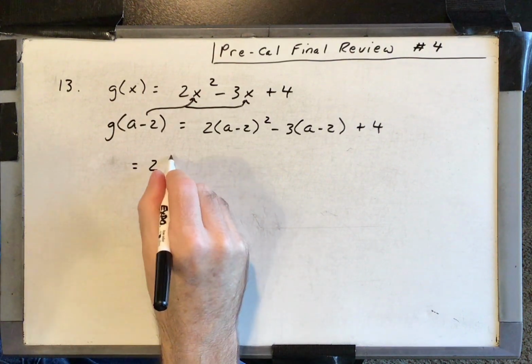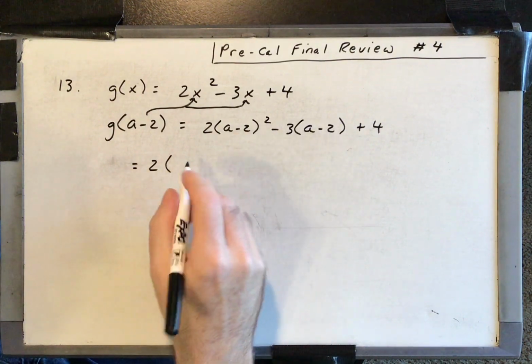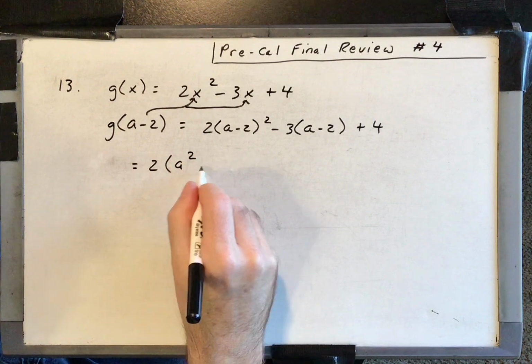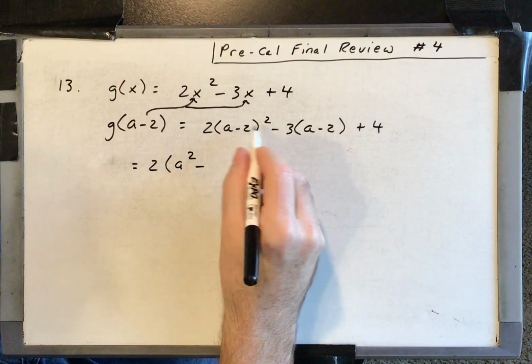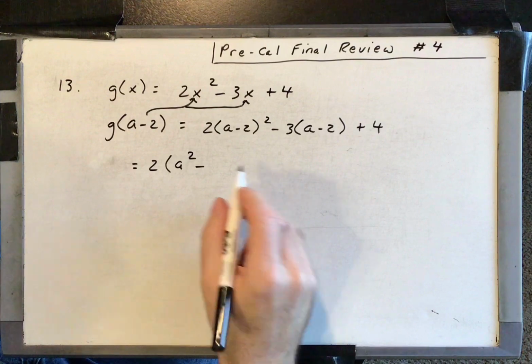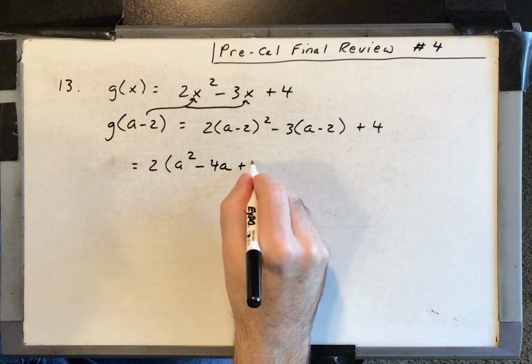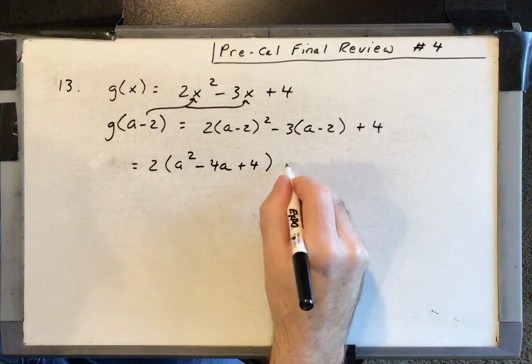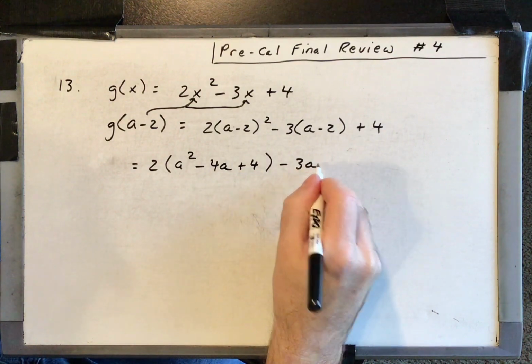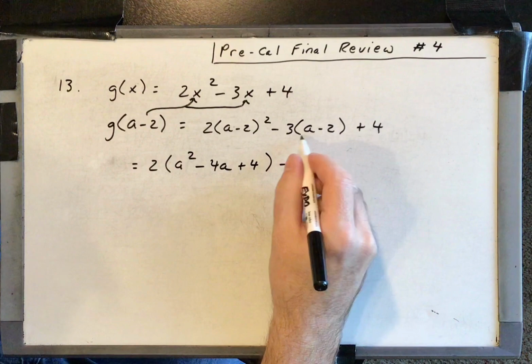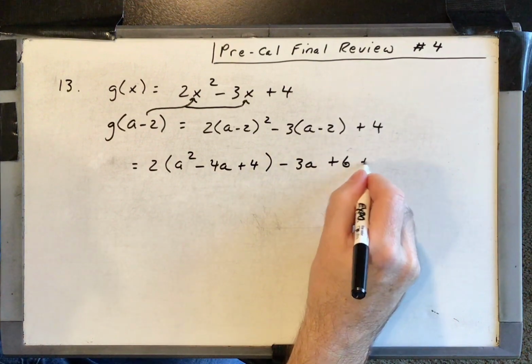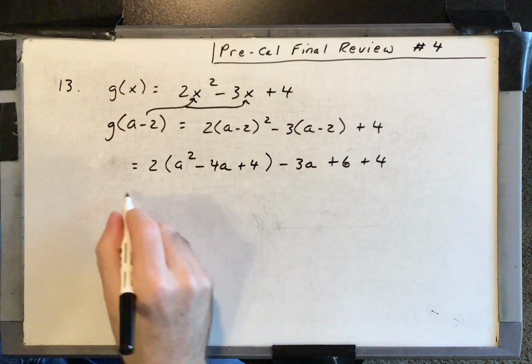So that's going to be 2 times a minus 2 all squared would be a squared minus, write it twice if you need to and FOIL it out, but minus 4a, I'm using the formula, plus 4, minus 3a, I'm distributing that 3, plus 6, plus 4.